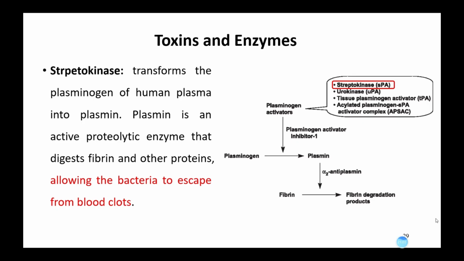I know we have a lot of material, and if you understand the mechanism, if you understand how different molecules work, it's easy to remember. Okay, you don't have to memorize the information without understanding it. That will be difficult. Okay, that's streptokinase, the first enzyme.